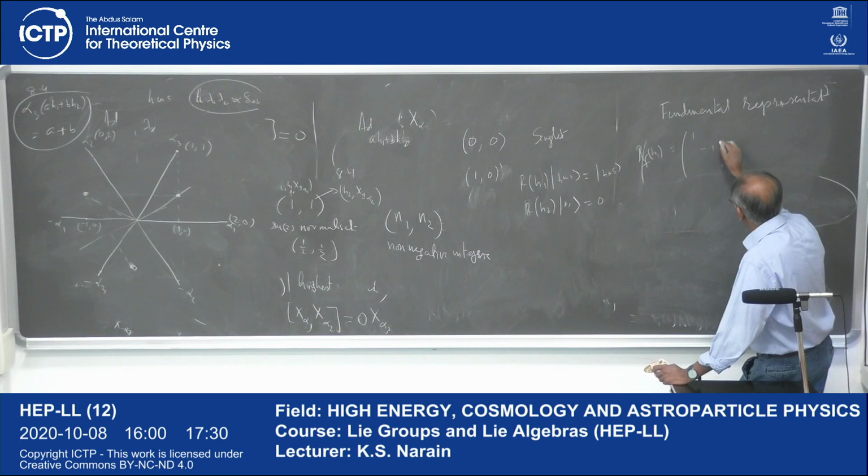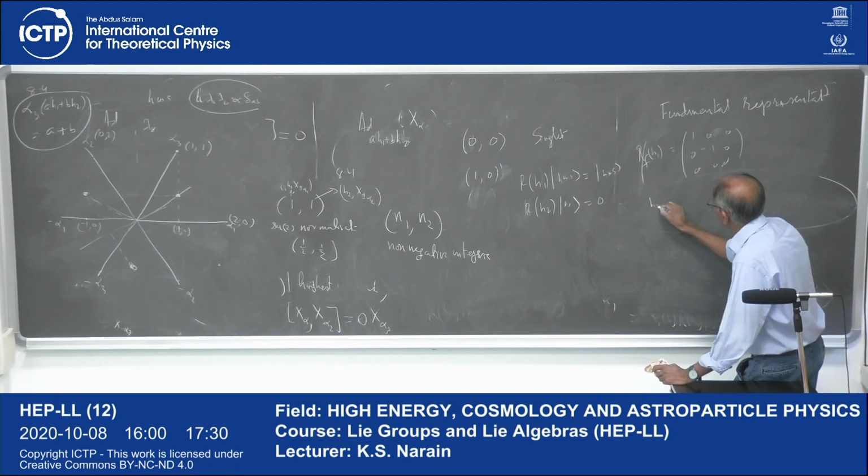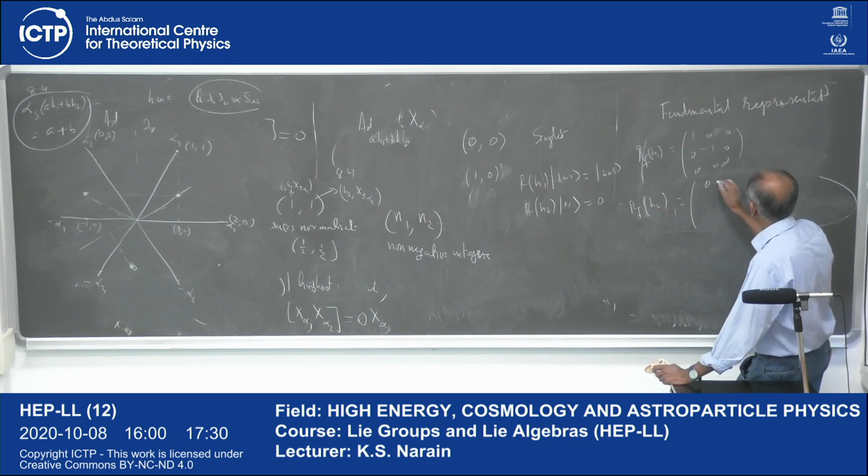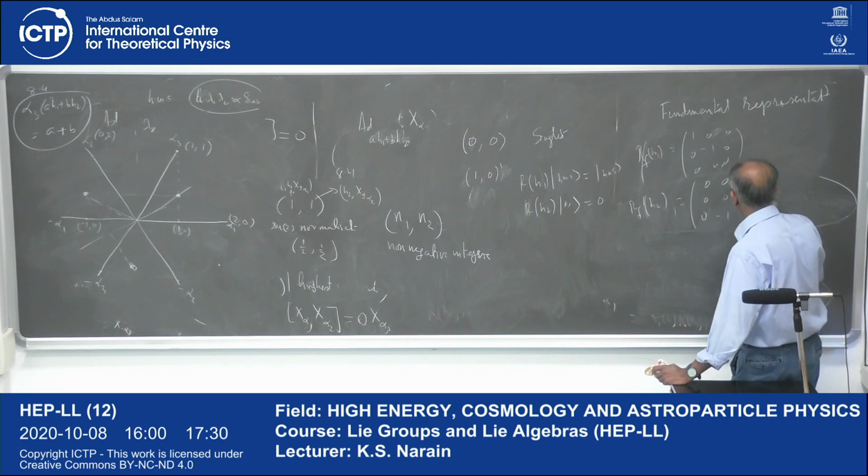So it was 1, minus 1, 0, 0. And R fundamental H2 was 0, 0, 0. This was 1, minus 1, 0, 0, 0.